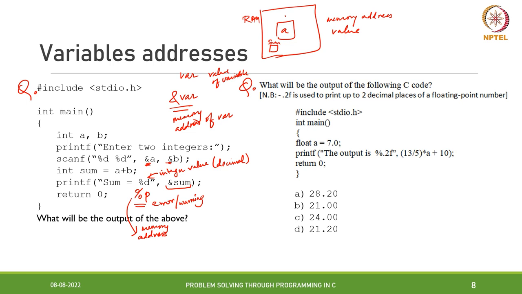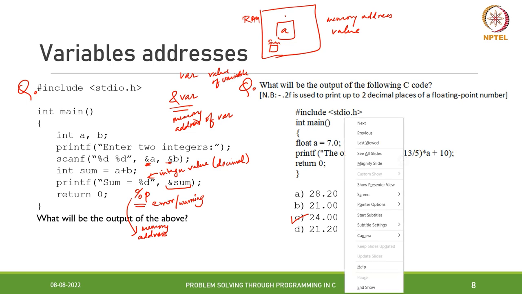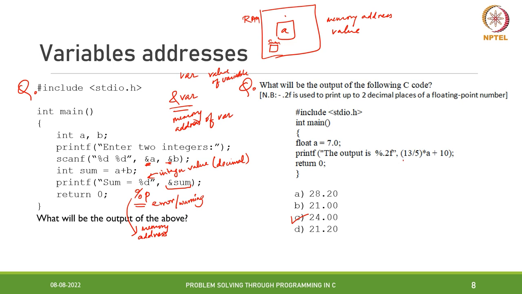If you do this computation in whatever compiler, you will get an answer of 24.00. That is mostly because of the braces. You're doing a division of 13 by 5, and notice that both of these are integers, the way they have been written. I have not written any 13.0 or 5.0.